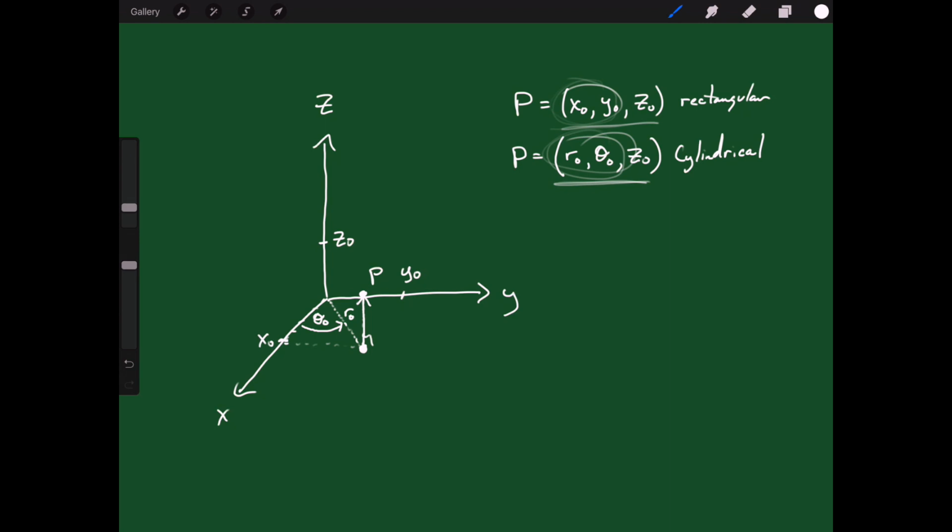But really quick, let's write down some conversions just so we remember. If I want to convert from rectangular coordinates to cylindrical coordinates, I need to remember that x is r cosine theta, y is r sine theta, and z is just z.